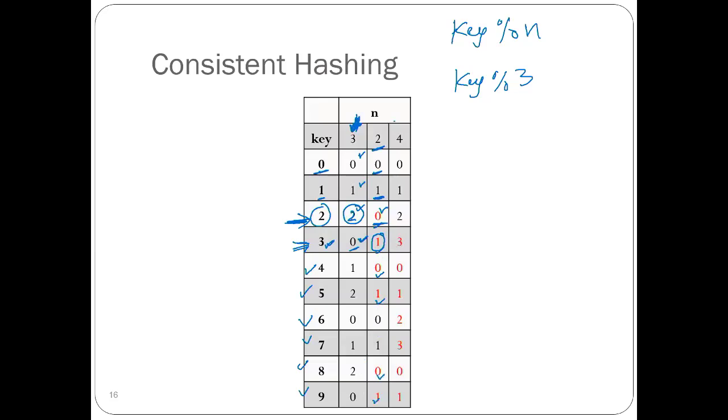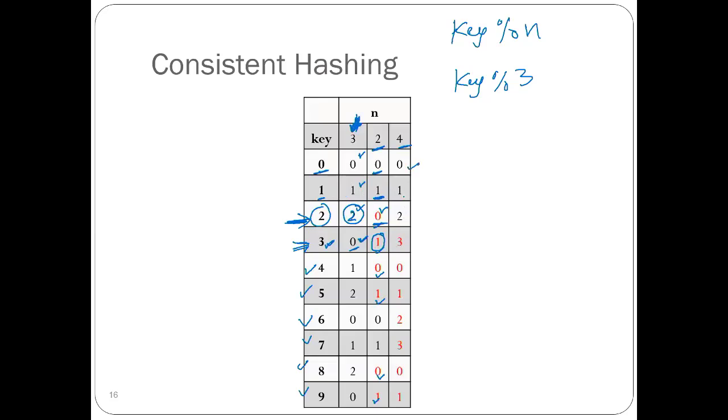Good. Now, let's move on to the case where we have one more server. So, whether you are reducing the number of servers or increasing the number of servers, you need to remap the keys. Okay. So, when you are remapping the keys with n is equal to 4, look at what happened.